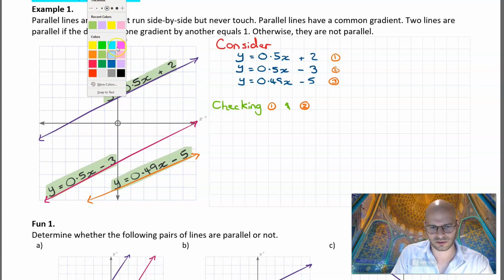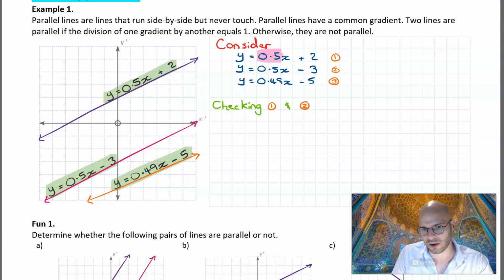In this case, the gradients are 0.5 and 0.5, because the equations are in slope-intercept form, and the gradient is always the coefficient in front of x. Now that I've identified my gradients, I simply state them. So I'll say m1 for line 1 is 0.5, m2 for line 2 is 0.5.